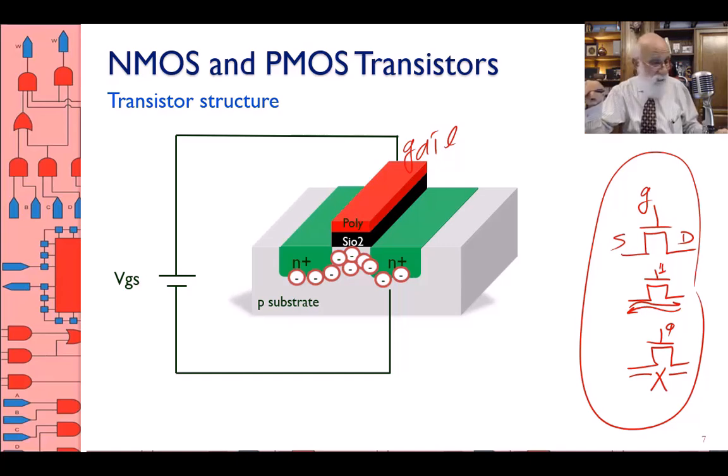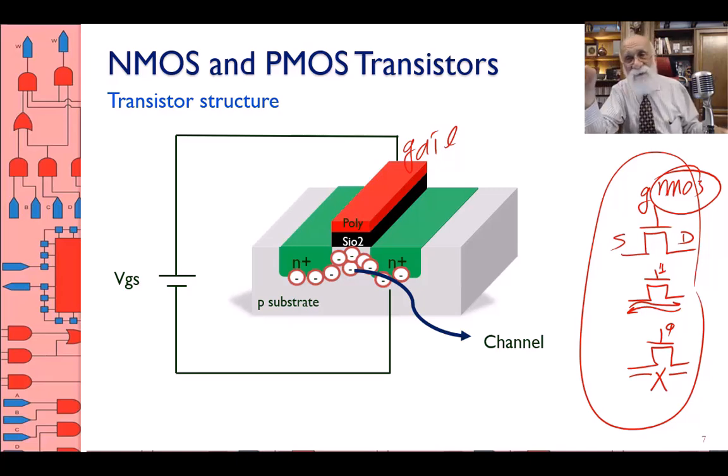I have another type of transistor. This is called an NMOS transistor. I have another type of transistor which is called a PMOS transistor. Both of them have channels. Both of them, when they conduct, the channel will be conducting.